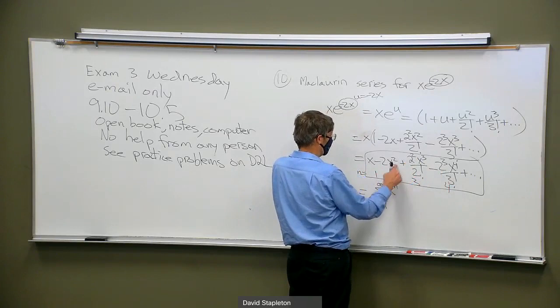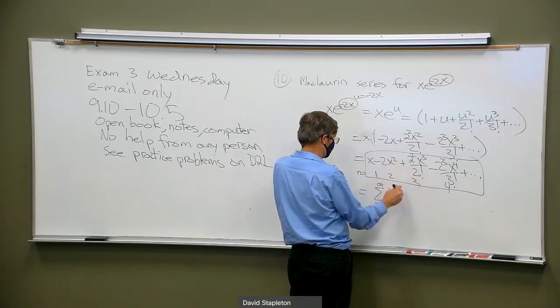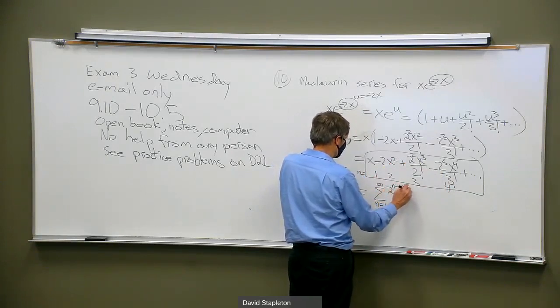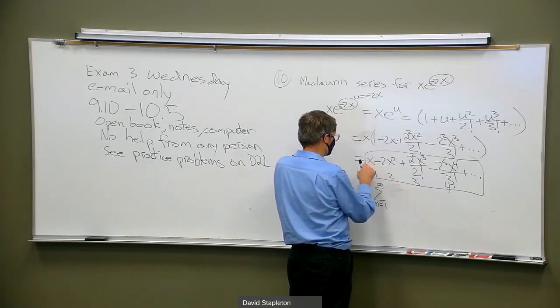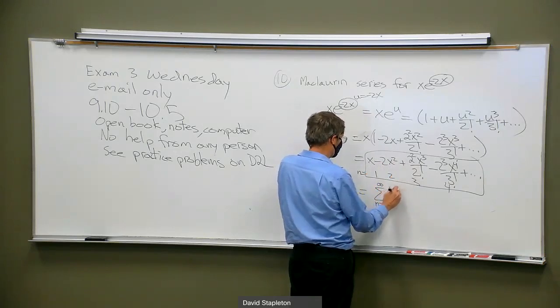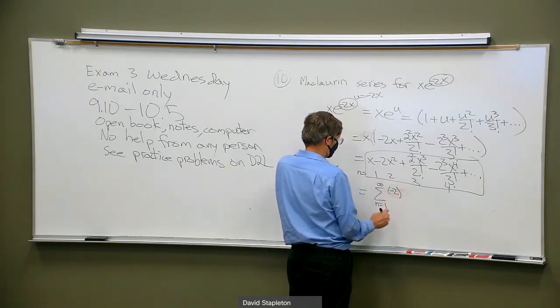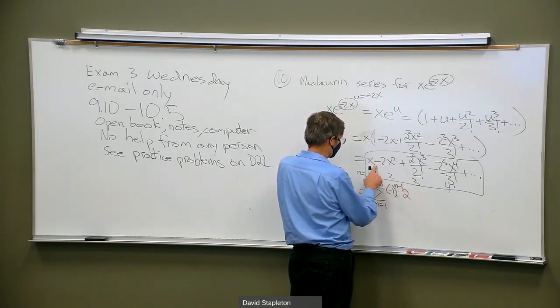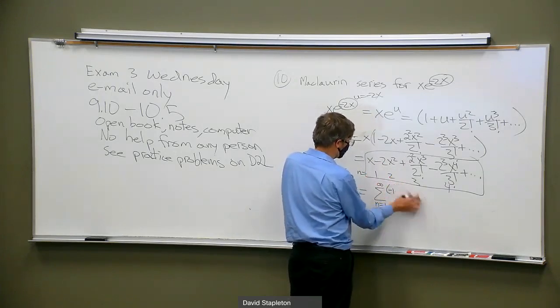So the power of x matches the term, and then 2 is to 1 power less, so it's 2 to the n minus 1, x to the n, and I should put one more thing in here. Because it goes plus, minus, let's call it minus 1 to the n minus 1, trying to make this as simple as possible.